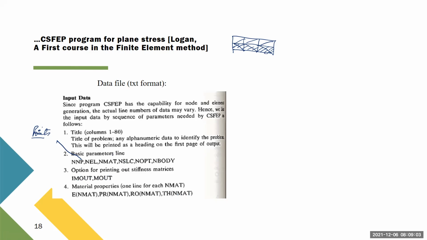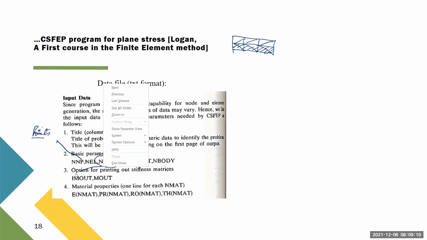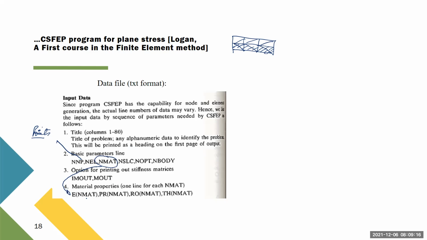Now, here you decide how many materials you are going to include. According to that, you're going to have one of these lines for every material. In every material you have Young modulus, Poisson ratio, density, and the thickness.